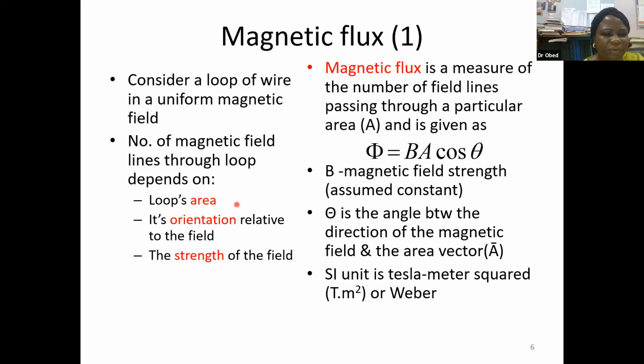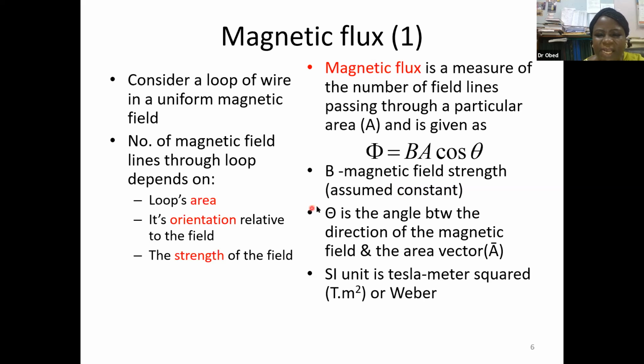To describe the loop's orientation, the concept of an area vector is used. Its direction is usually normal to the loop's plane, and its magnitude is equal to the loop's area. You'll see that in the next slide. But what is magnetic flux? It's a measure of the number of field lines passing through a particular area A, and is given as phi equals B, the magnetic field strength, times the magnitude of the area, cos theta, where the magnetic field is assumed constant.